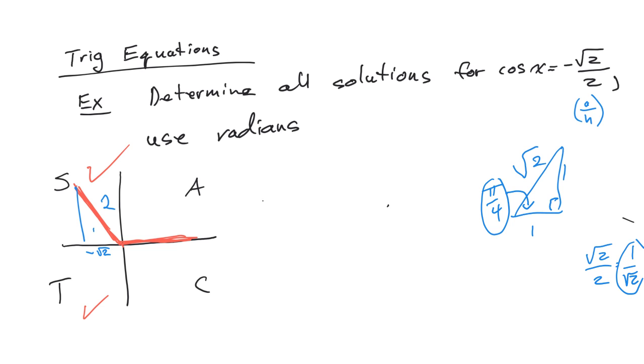So that means the angle between here and here is 3 pi over 4 radians.